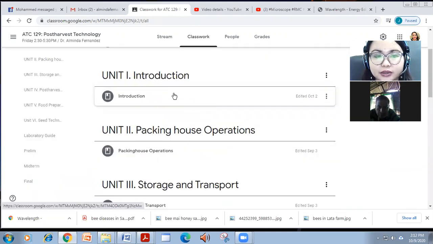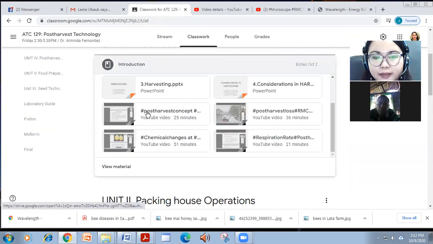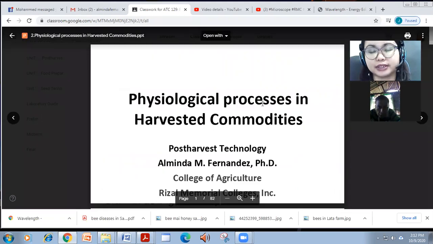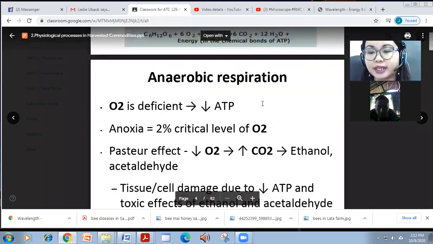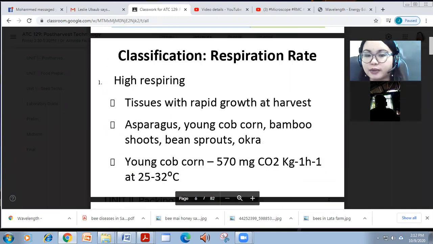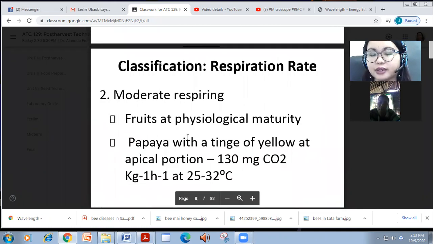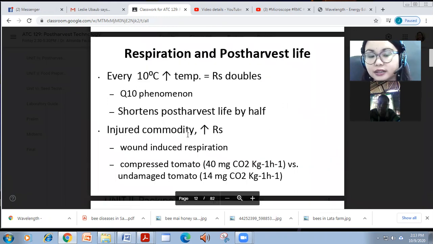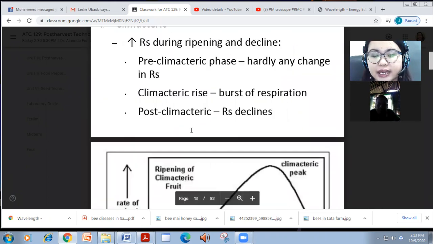So going back to our topics on the post-harvest physiological processes. Last time we talked about respiration, aerobic and anaerobic, and its differences, the classification of commodities based on respiration rate, whether highly respiring, moderate or low, and the relationship between respiration and post-harvest life.